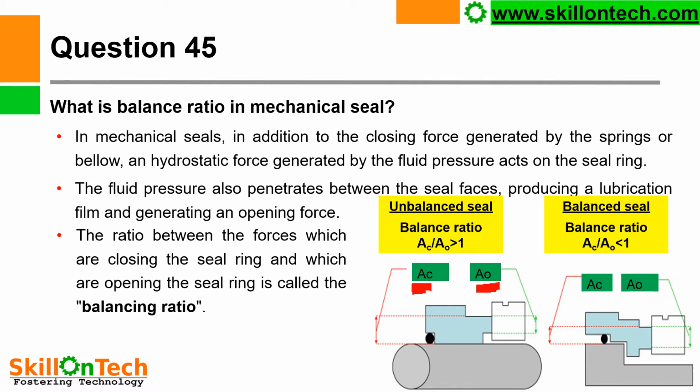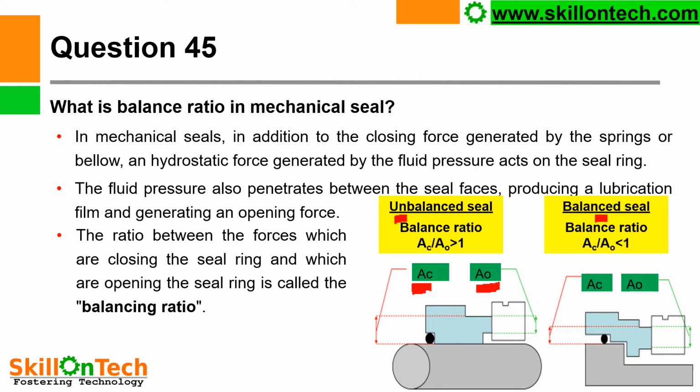So you can see here this unbalanced seal where the balance ratio AC upon AO is greater than 1, and in a balanced seal the balance ratio AC upon AO is less than 1. The fluid pressure also penetrates between the seal faces, producing a lubrication film and generating an opening force.